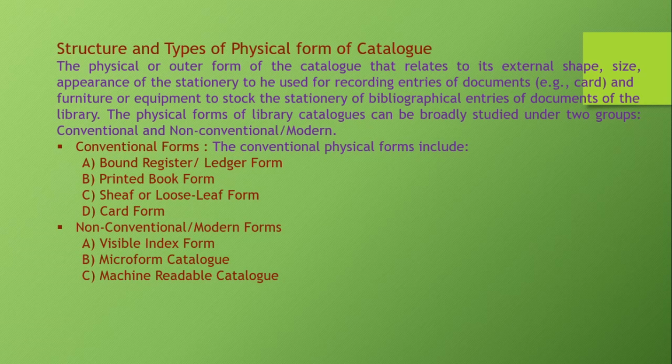Next, slip or loose leaf form. Slip form of library catalog is also referred to as loose leaf form. A slip form of catalog is one in which slips or paper are put into a loose leaf binder and bound by some mechanical device into a volume.